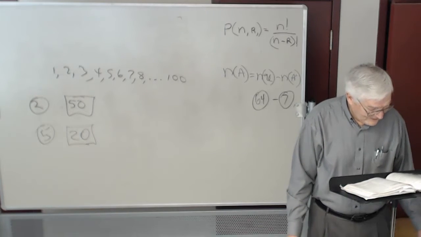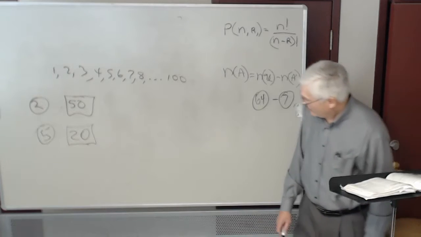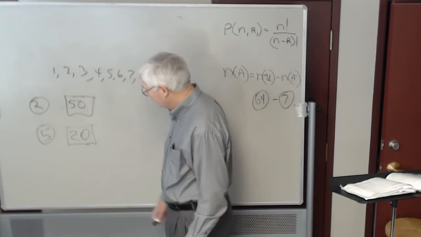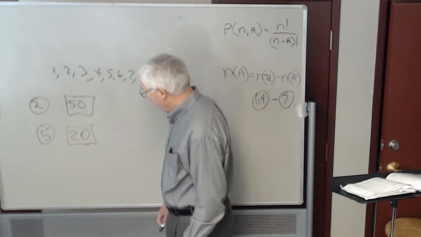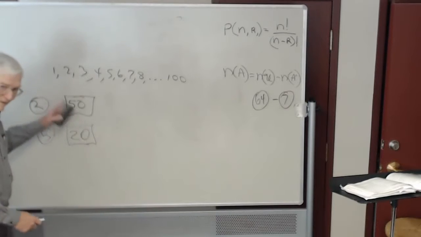Okay, now let's get back to problem 39 so we can finish this thing. There are 50 multiples of 2, 20 multiples of 5. So what does that mean? There's a total of 70?